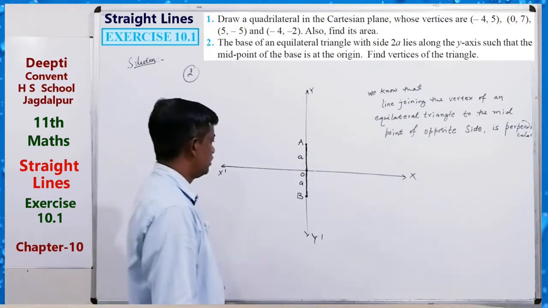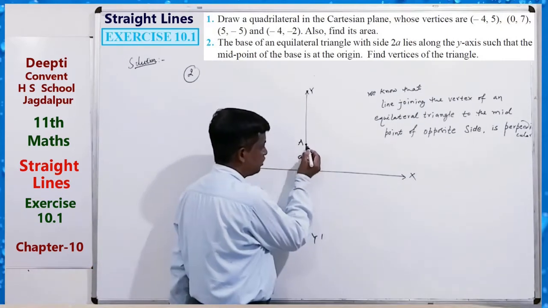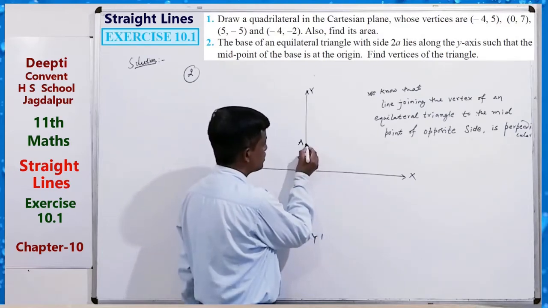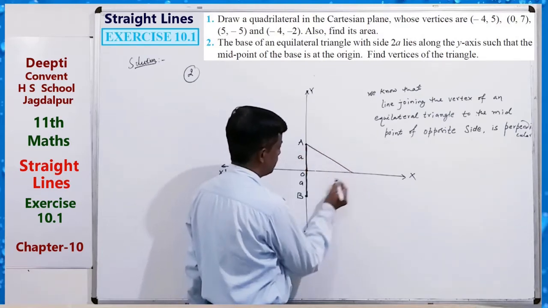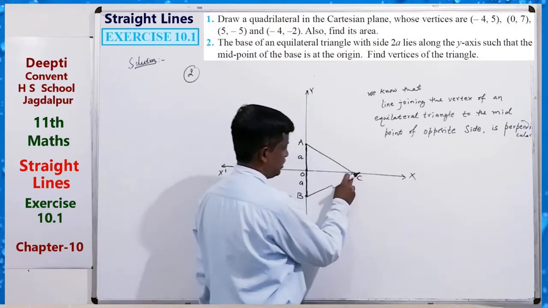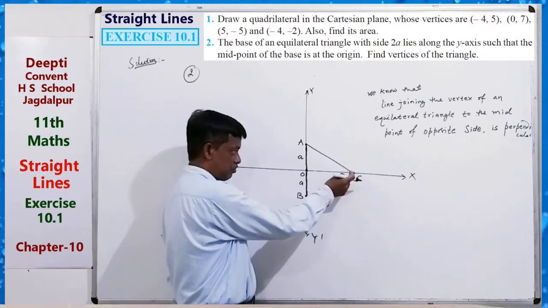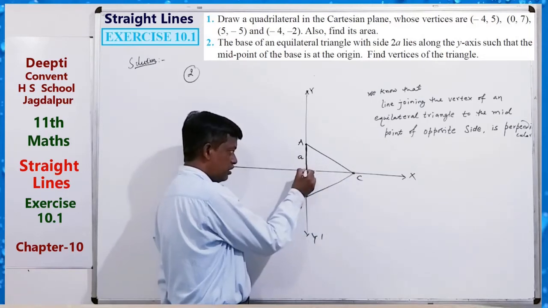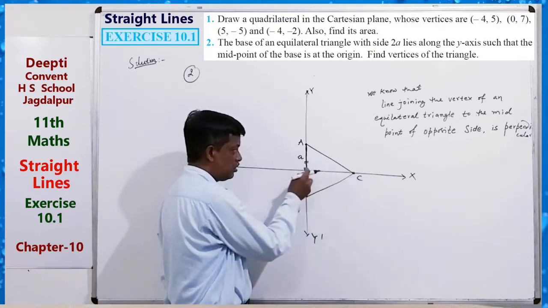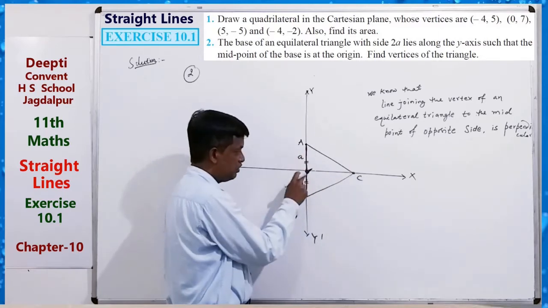So the other vertex will lie on the x-axis, because this is the midpoint, these are same, so this vertex is joined to the midpoint of this side.